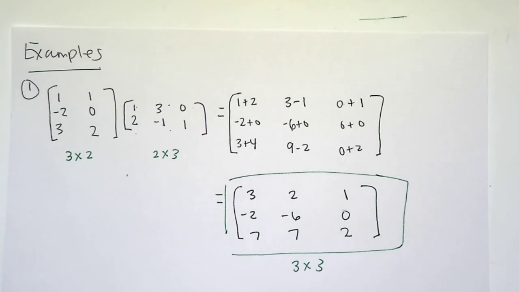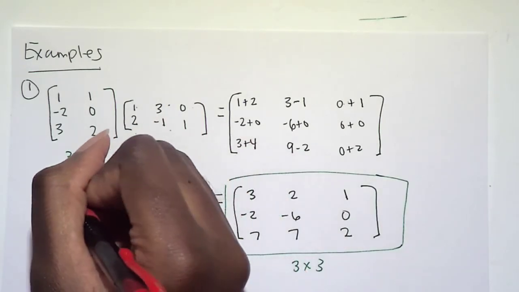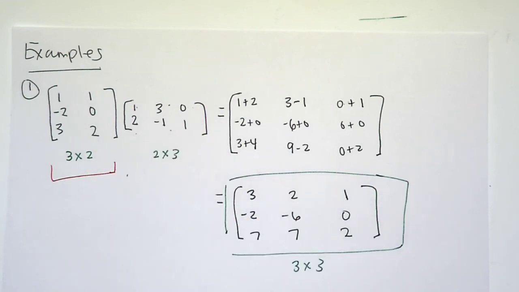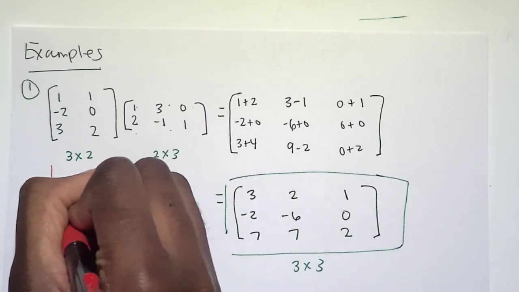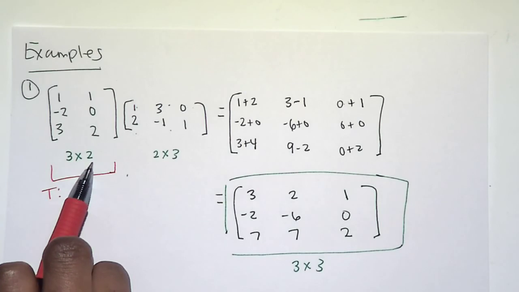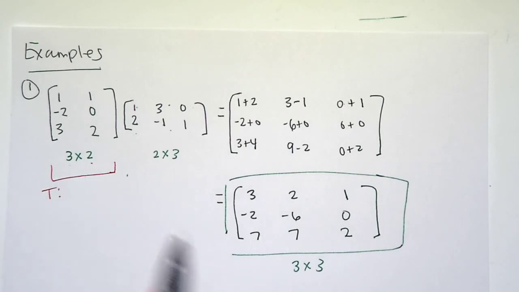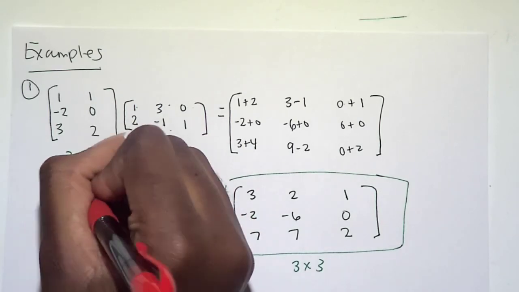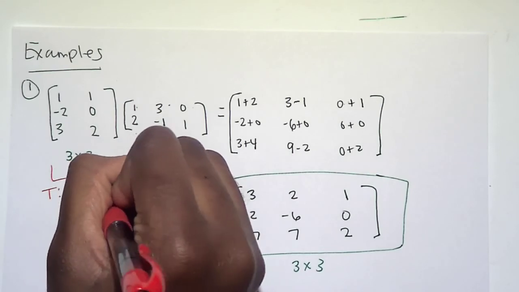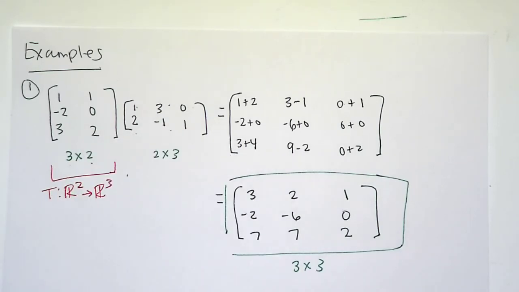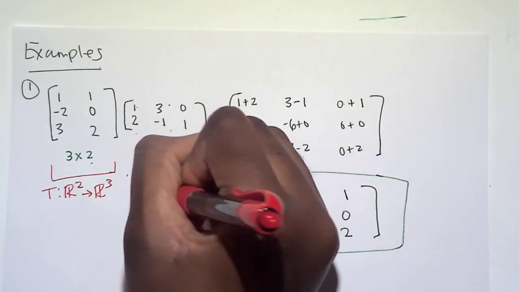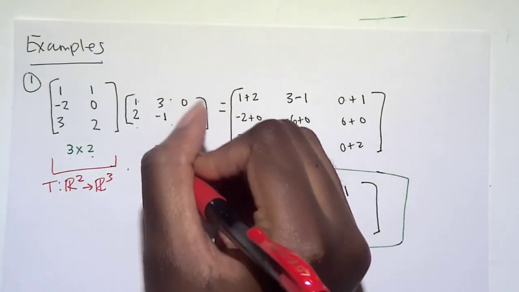So this first matrix is actually going to be the transformation that takes things from R2 to R3. And then the second matrix is the thing that takes things from R3 to R2.